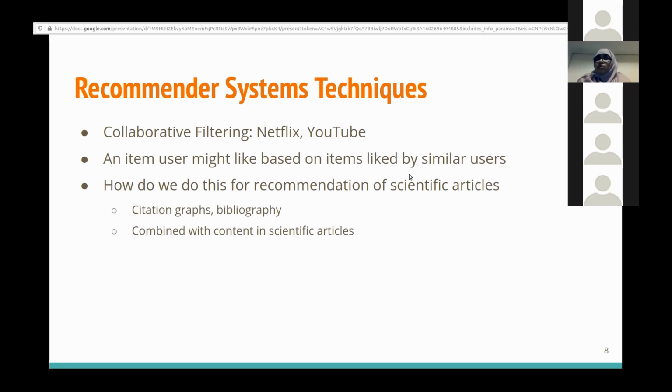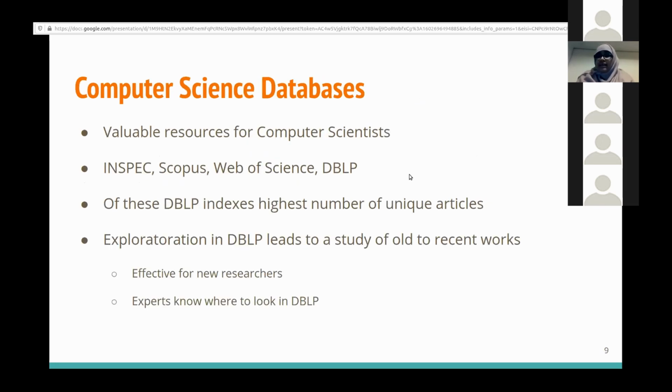So you can say it's a bit of a mixture of Amazon, because Amazon is content based, you use the information about the products, and also a bit of Netflix or YouTube, where you're using the similar likes, because a paper that is being cited by many papers is definitely a good paper and it will be recommended. It has to be on top of the recommender list, something like that.